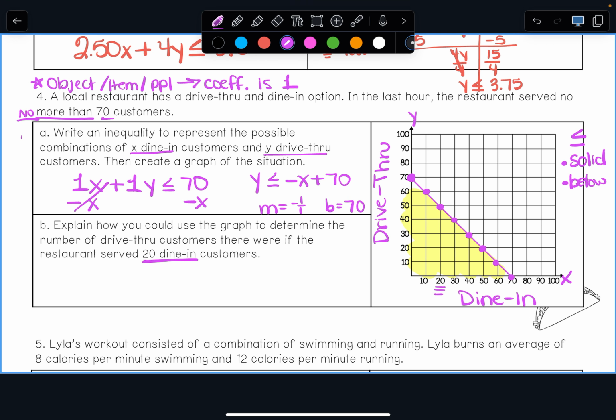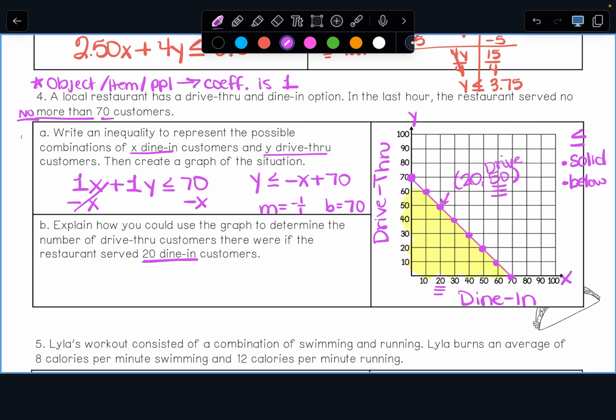I'm going to go to this point, which is 20, 50. If I have 20 dine-in customers, I can have a maximum of what? 50 drive-through customers.